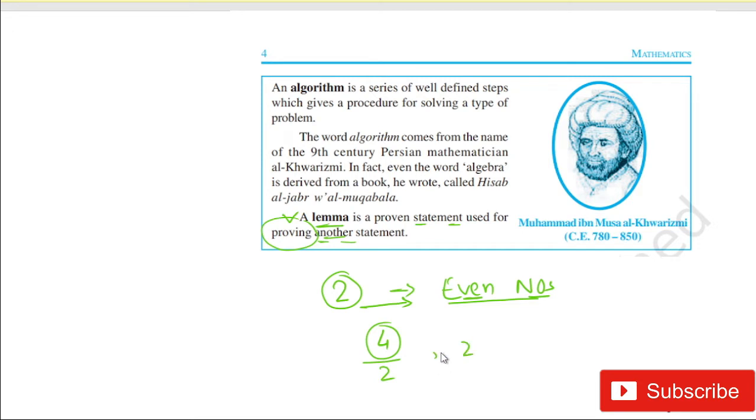So this is our statement 1: even numbers are divisible by 2. So we can say 4, 6, 8 and so on, the even numbers will be completely divisible by 2. So the basic idea of this lemma is that it's a statement, and that statement helps to prove other statements. So I hope the lemma is clear.